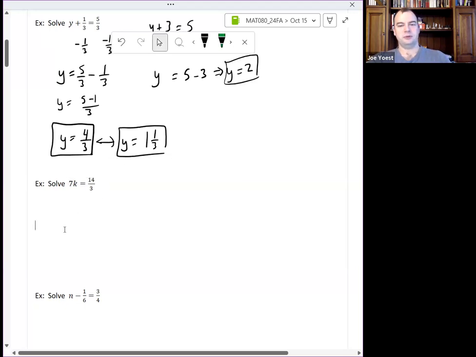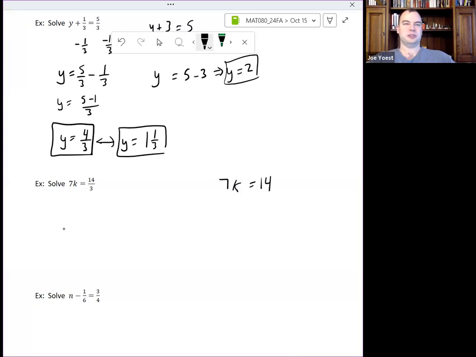If I have a question like this, solve 7k equals 14/3. Well, again, let's think if I had say 7k equals 14, no fractions apparent in the problem initially, how would I solve this? Well, I want to get the k by itself. So on the left-hand side, I divide by 7.